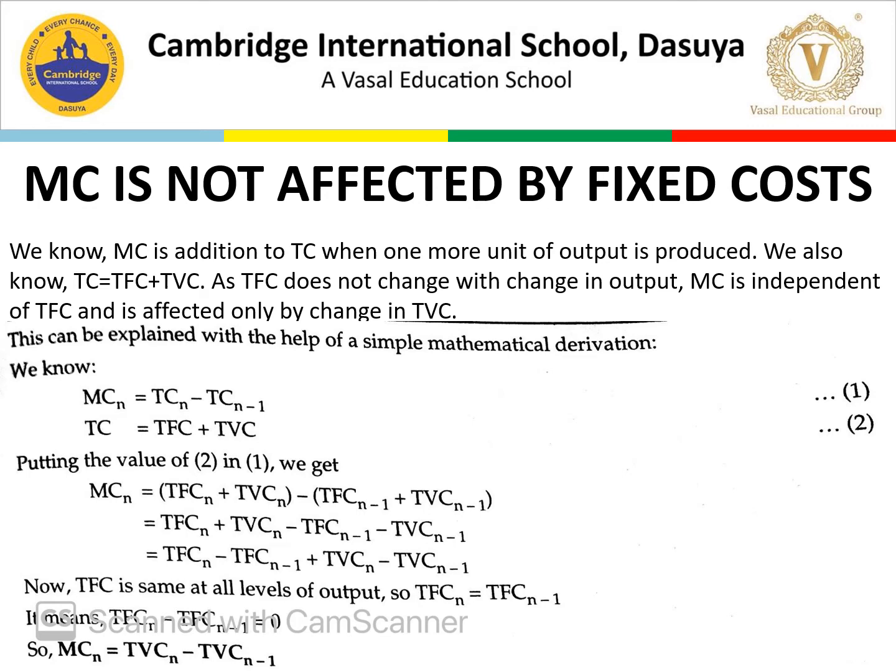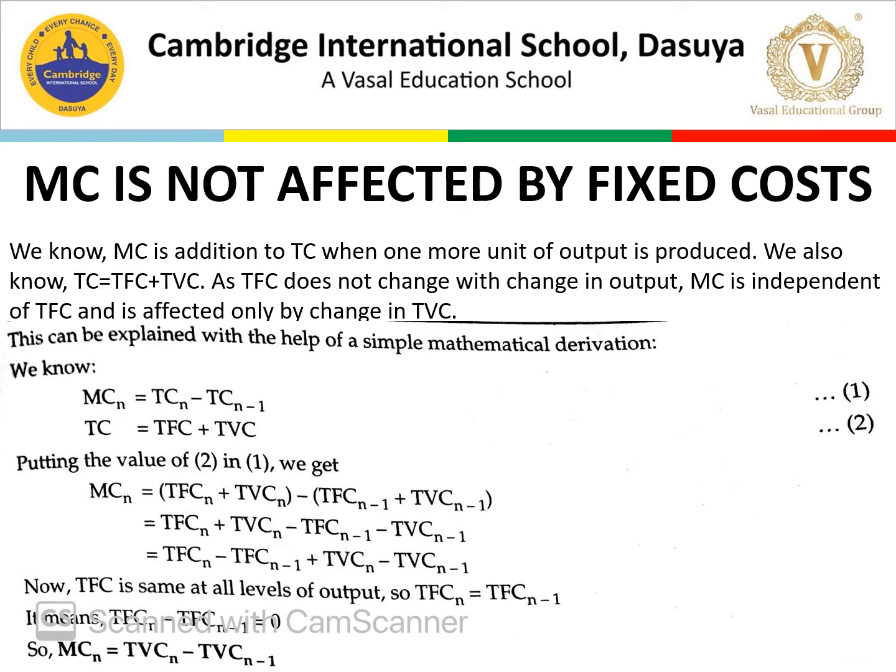We know MC is the addition to TC when one more unit of output is produced, which we have already discussed in the previous slides. It's a simple thing: if I was getting a chapati for 5 rupees, one, and I took 2, produced 2, then obviously the cost of one more is added. The cost of that one more roti is my MC.